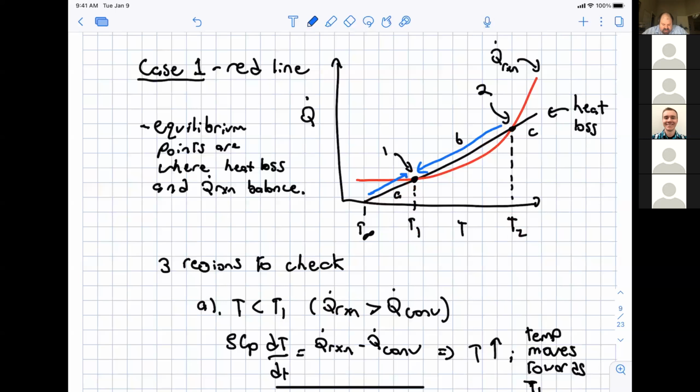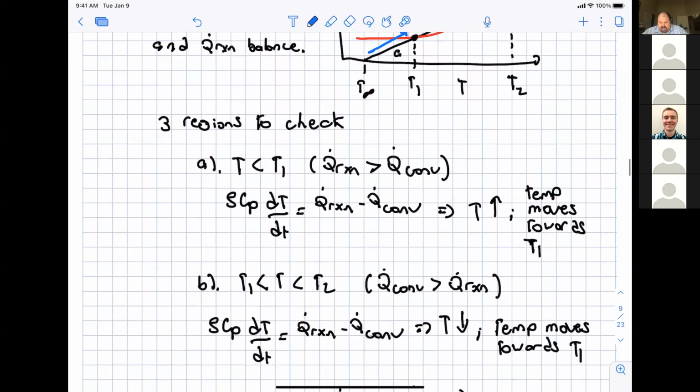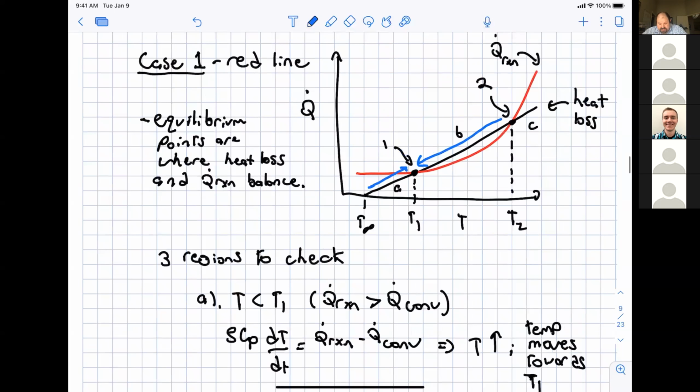Now, we have region 3. And region 3, or C, I should say, is this region over here. And this region is just like region 1. Essentially here, we can go through the same argument, and the heat of reaction curve and the convective heat loss curve have the same signs as they did for the case over here.